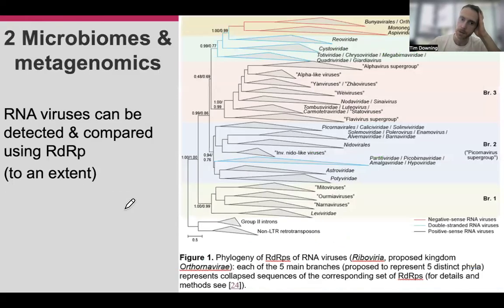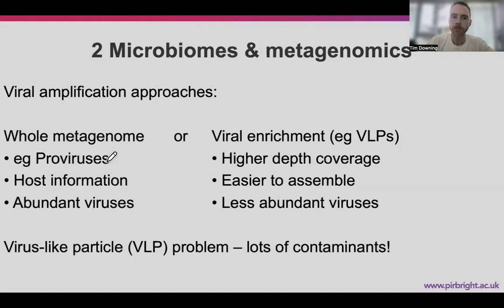So there's quite a lot. And we know that, sure, there's RdRp that is conserved to a good degree across many RNA viruses, but the extent to which it will capture and differentiate between different ones is somewhat variable as well. So using a marker gene approach for viral metagenomics is going to be challenging unless we have a very defined data set in question to address.